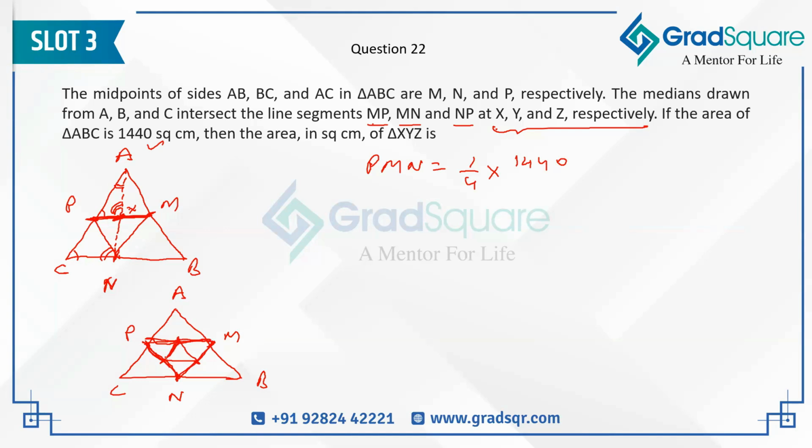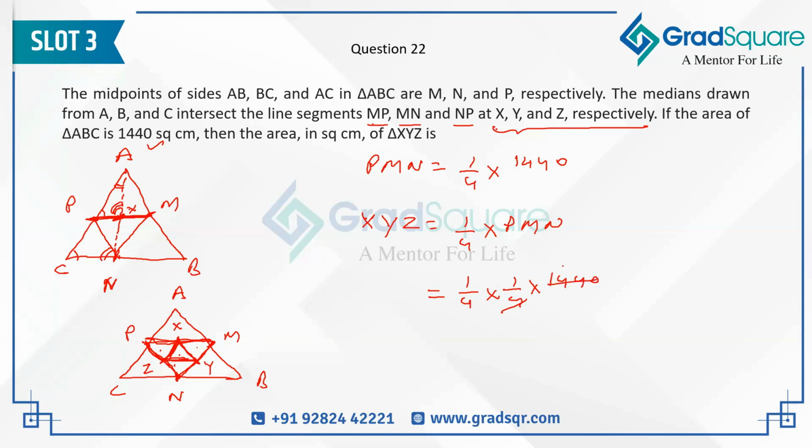This triangle has once again been divided into four equal parts, wherein this part, which was the center, which was XYZ that we are referring to, is going to be 1/4 of PMN. So the area of XYZ will be 1/4 of the area of the triangle PMN. So 1/4 of 1/4 of 1440 is what they are asking us to calculate.